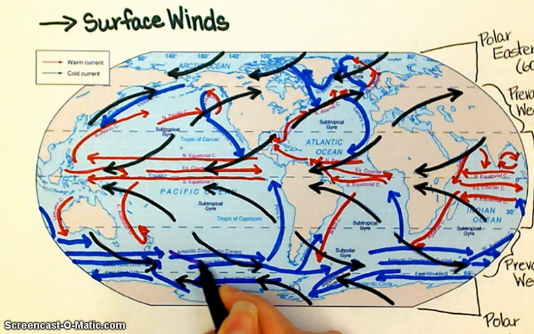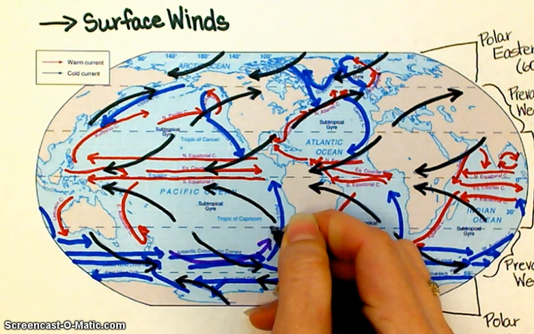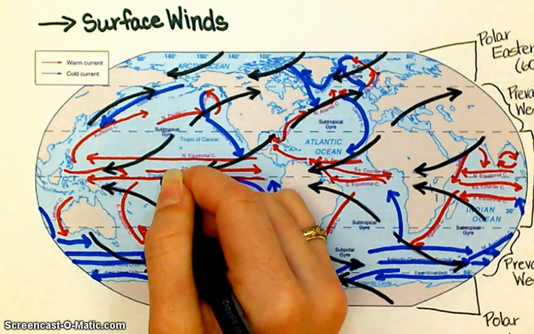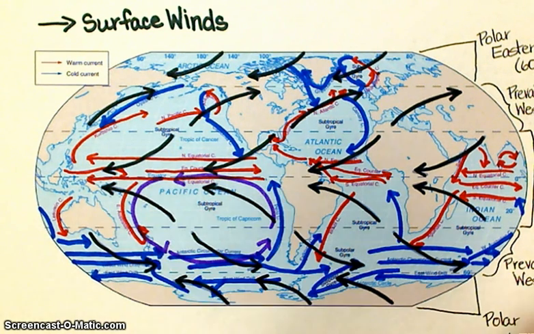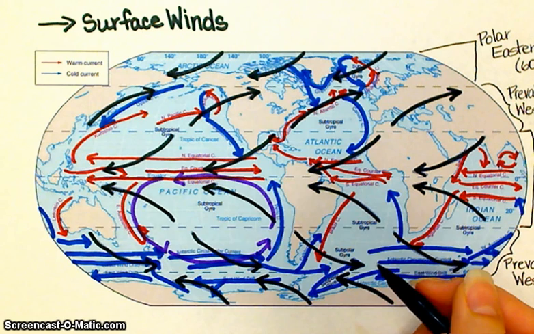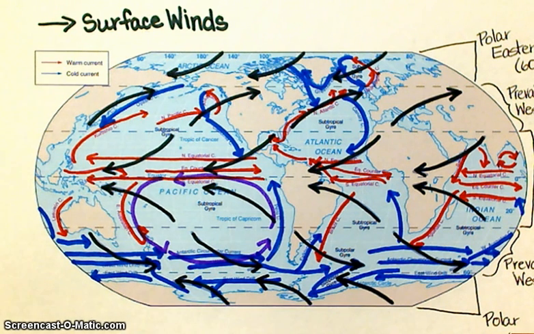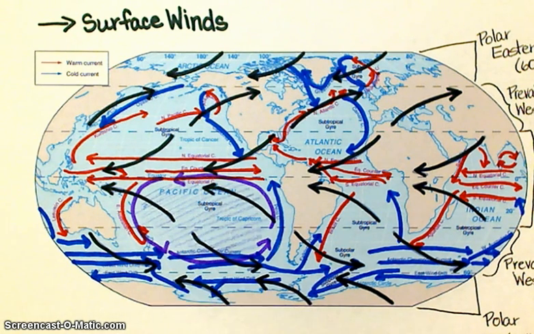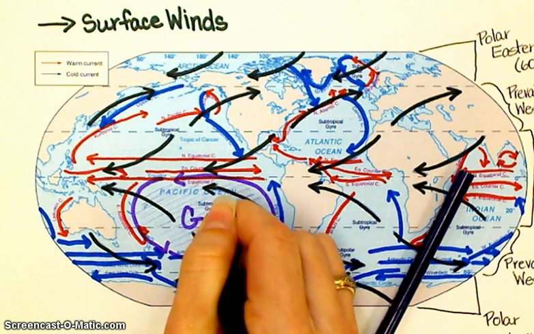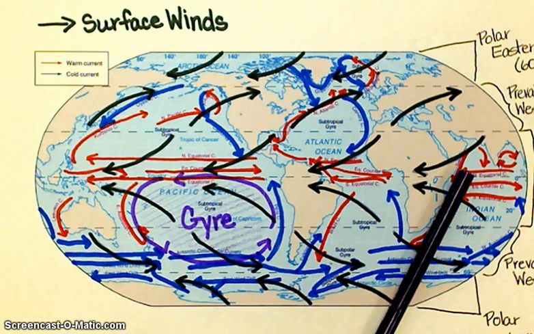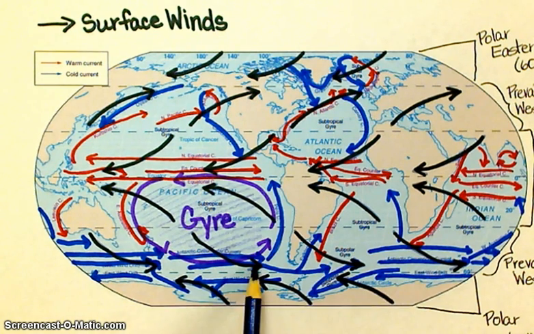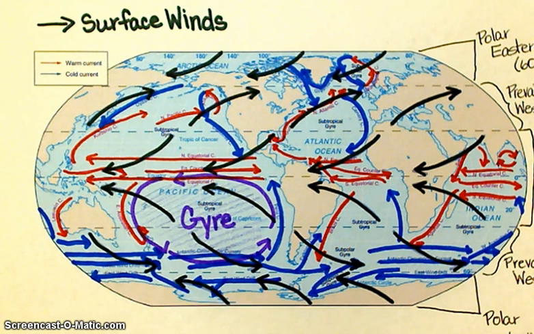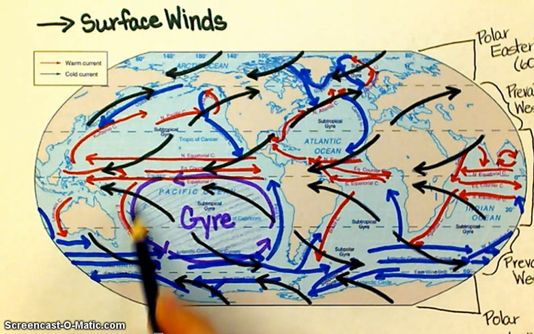If you take the warm and cold currents together, there is your South Pacific gyre right there. Part of it is made up of cold water currents, part of it is made up of warm water currents, and it turns towards the left or counterclockwise because it's in the southern hemisphere.